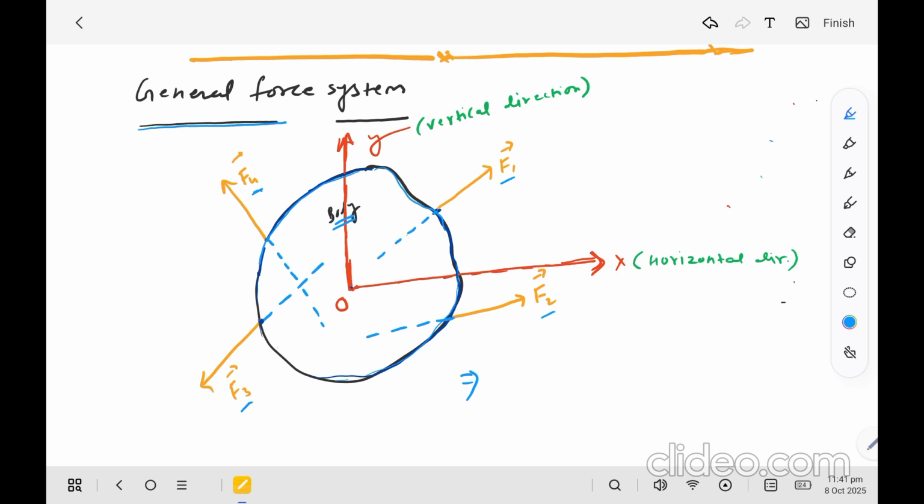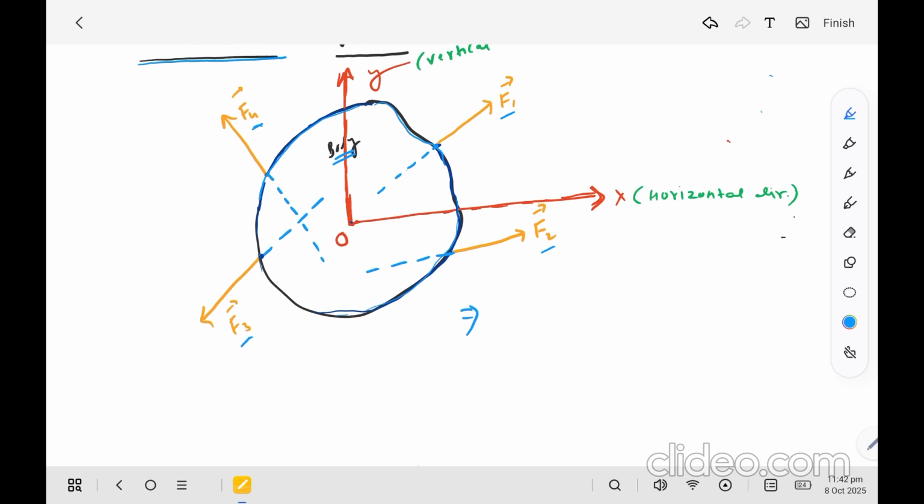It means these forces are acting in a random direction. These forces are not acting in horizontal or vertical direction on this body. It means the forces are not parallel to each other. They are acting at different locations or different points of the body in different directions.